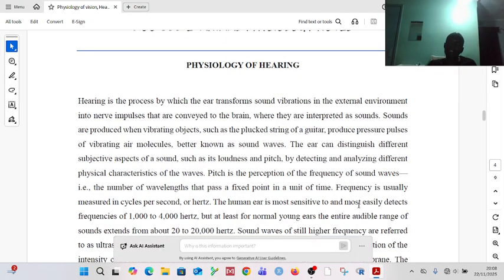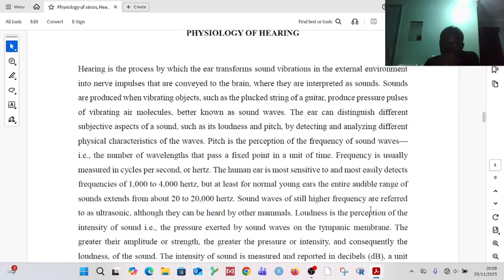But what about hearing now? Like what you are doing now? Because if you are listening to this video, of course you can see, but most importantly is you'll be able to hear. So when someone says that I'm hearing, it means his or her ears are able to transform the sound vibrations in the external environment.